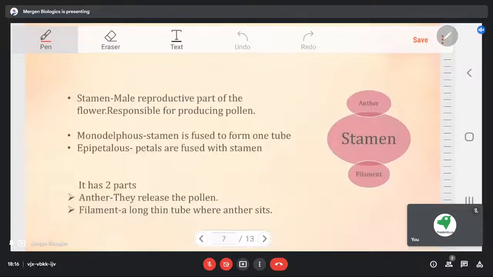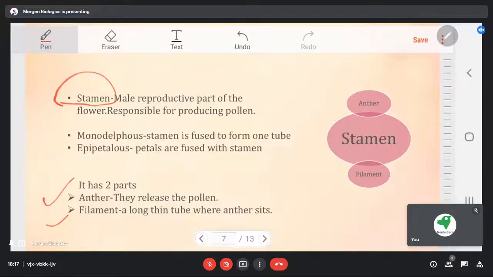Then comes the male reproductive part, that is stamen or the androecium, and they have two different parts, that is anther and filament. Anther is the sac or pocket-like structure. They will produce the pollen grains and release them so that they can take part in the pollination and fertilization process.